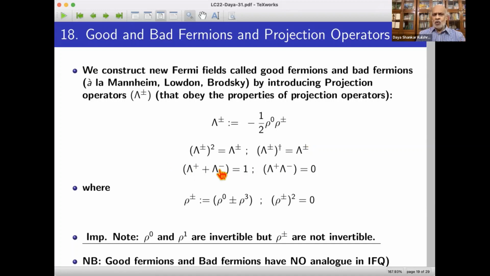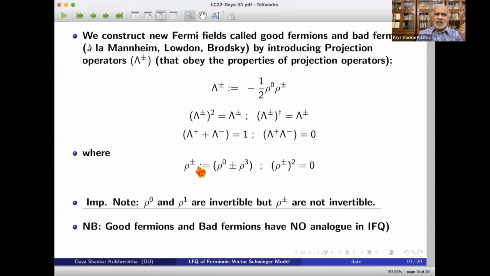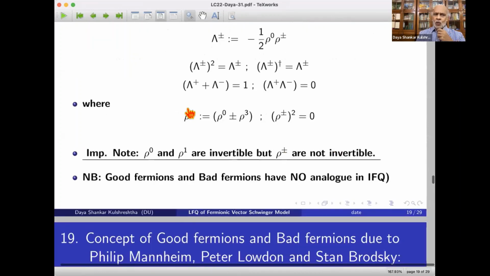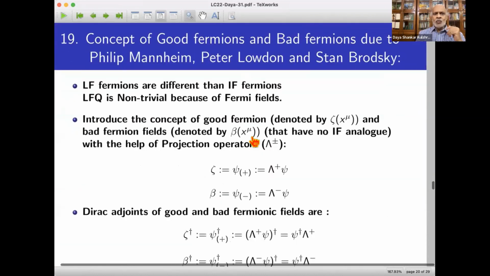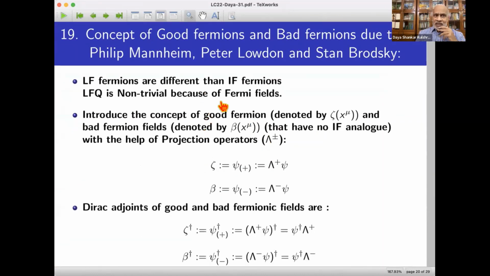The sum of the two projection operators, there are only two in this theory, comes out to be the unit matrix, and the product of the two is a null matrix. Fine. And rho plus minus here is my rho 0 plus minus rho 3, and its square is 0. So rho plus minus is not invertible. Now with this, I redefine my fermionic fields. I call it zeta.